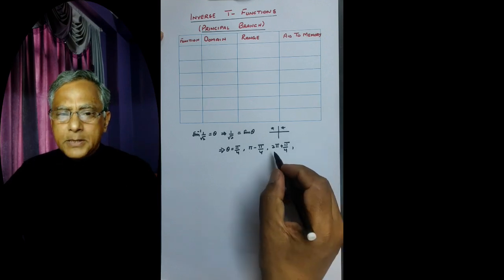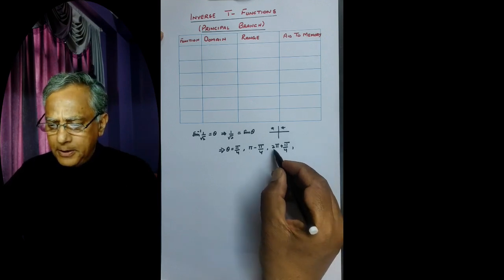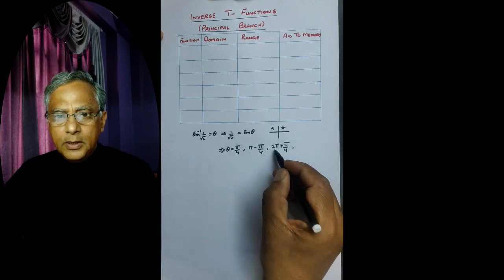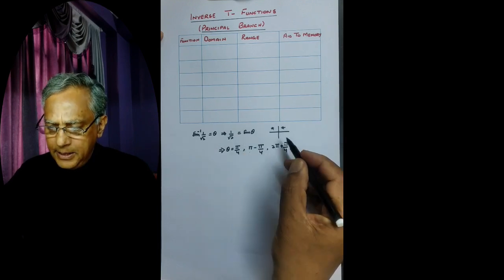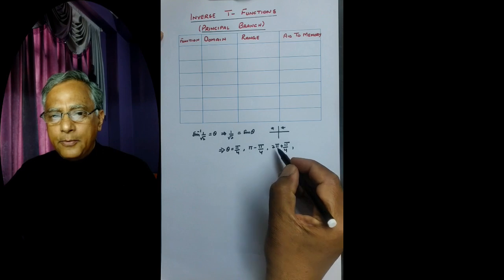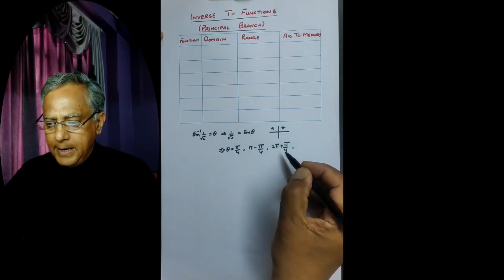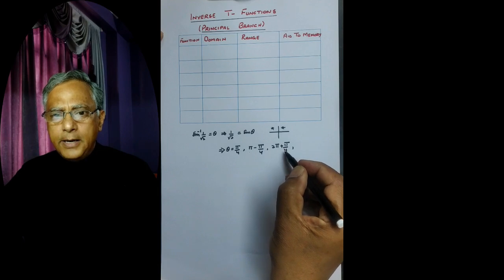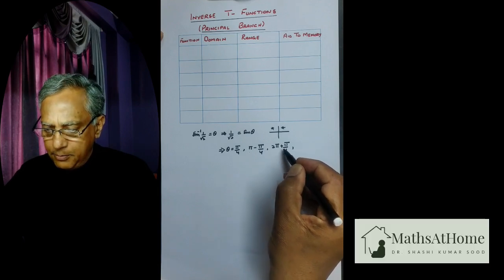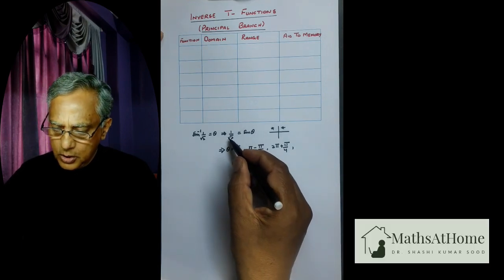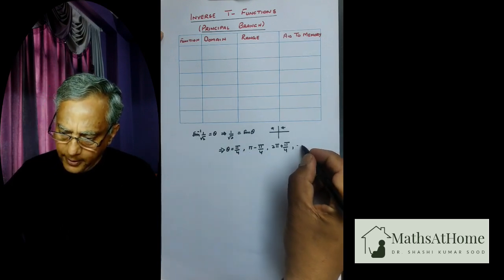Sine of 2 pi plus pi by 4. 2 pi is an even multiple, so sine will remain sine. And we will have sine of 2 pi plus pi by 4 is equal to sine of pi by 4. So the value will again be 1 by root 2, and so on.